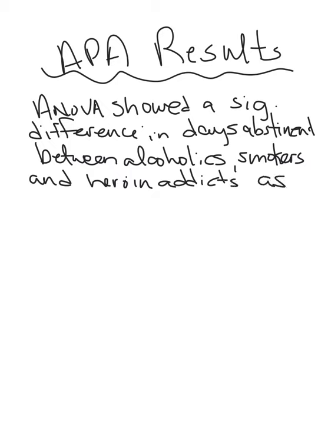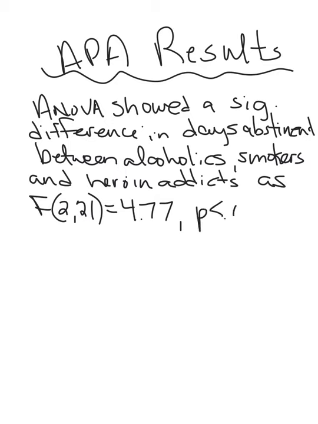as, this is all one sentence, that's our F. We give our degrees of freedom between and our degrees of freedom error. If you recall, it's F(2, 21) equals, and we give our obtained test statistic, which is 4.77. We know that p is less than alpha because it was significant.